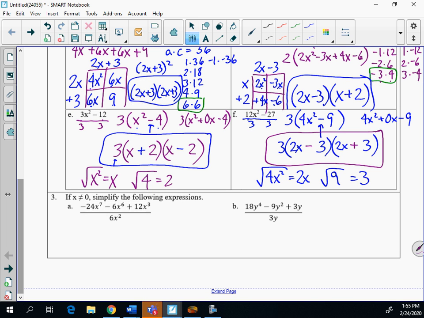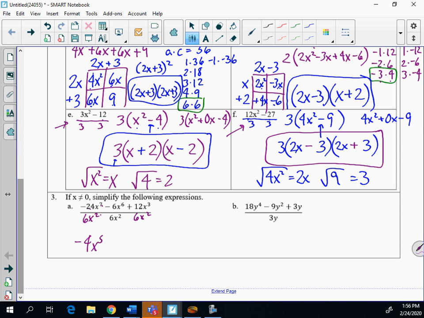Well, this is just like what we did with our GCF up here or even over here. We get to take this and really divide each piece by that monomial. So let's do each one. This is going to give me negative 4x to the 5th because it's 7 minus 2.